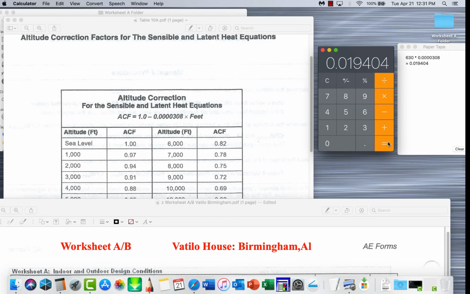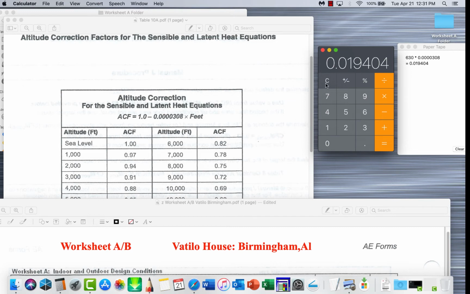Okay, so we get 0.019404. Just keep that number right there. Now it says all you have to do is take this number we got, this 0.019404, and subtract it from 1. Because we're going upwards, right? We're not at 1,000 feet, which is 0.97, but we're not at sea level either. We're above sea level, but in between here. So we're right in between these two numbers right here.